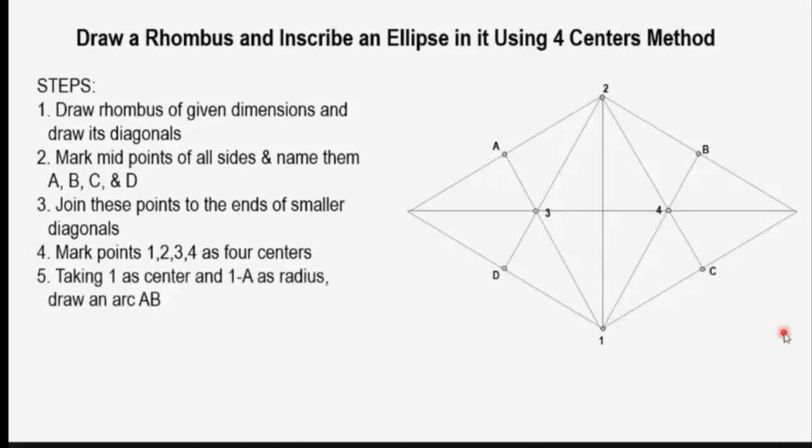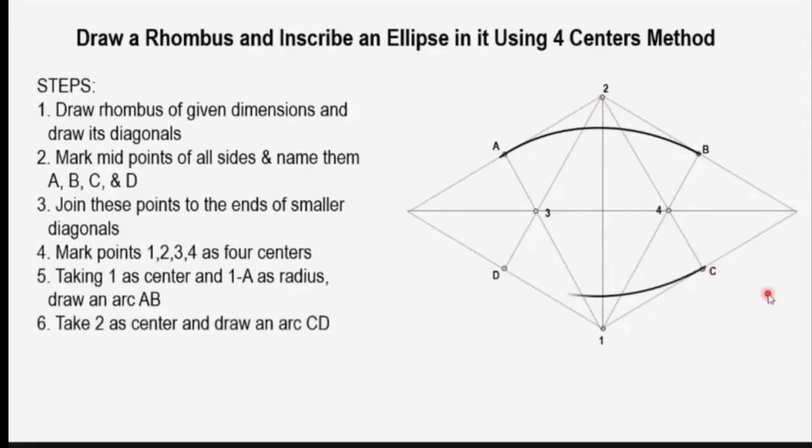Now 1 as center and 1A as radius, draw an arc. The distance 1A is equal to the distance 1B. So if I draw an arc with 1 as center and 1A as radius, it will reach up to point B. Now similarly take point 2 as center and 2C as radius. 2C is equal to 2D.